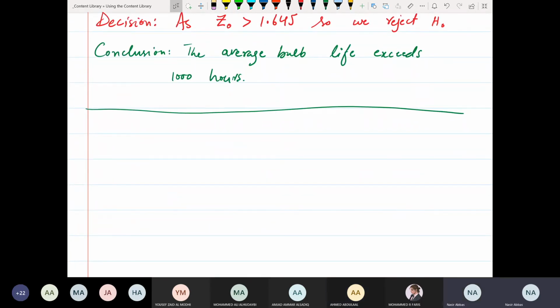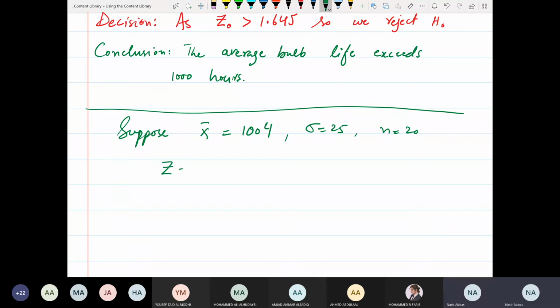I'll give you an example. Suppose your X bar was 1004 instead of 1014. Suppose it was 1004, and you were testing exactly the same question.